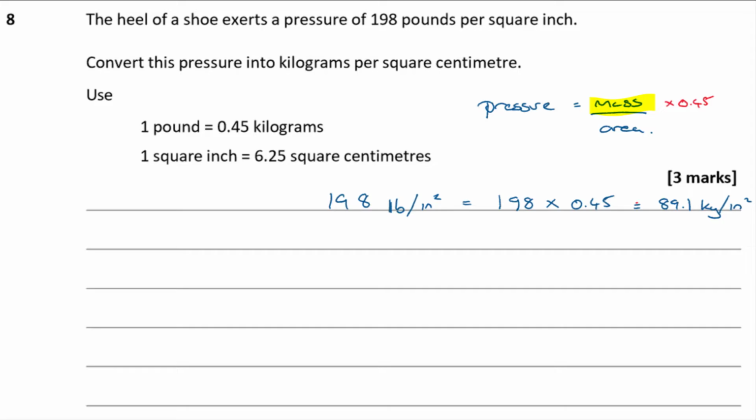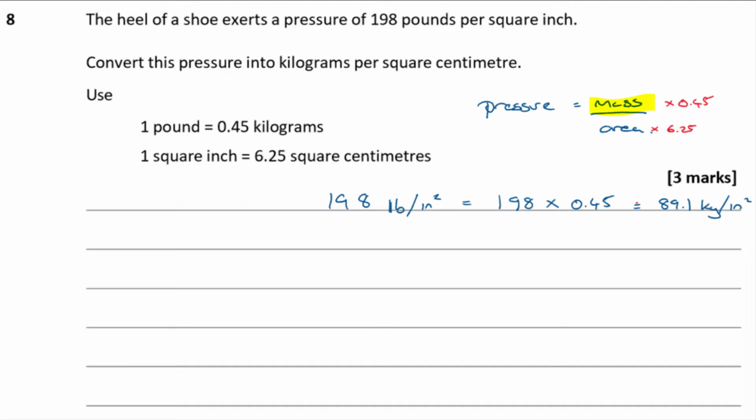Okay, and then to go from inches into square centimeter, 1 square inch equals 6.25 square centimeters. Now, to convert then inches to square centimeters, we need to multiply the area by 6.25, but area is on the bottom, so actually another way of thinking about it is dividing by that then to convert it.